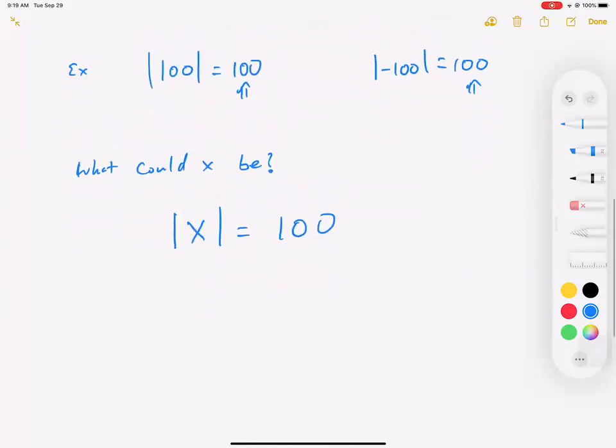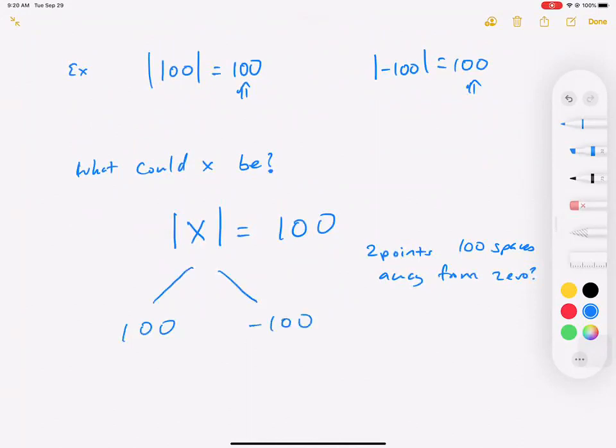Can you think of 2 points that would be 100 spaces away from 0? Well, we just did it, right? x could be 100, and x could be negative 100.